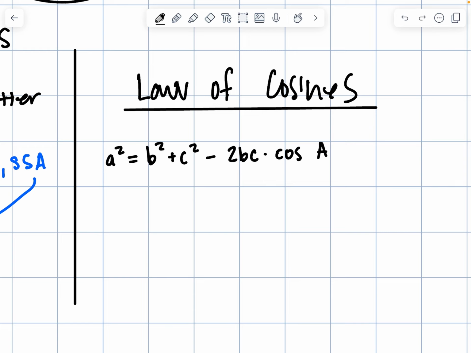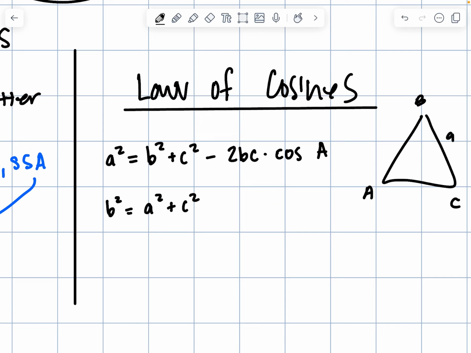Okay, so the other variation of this is if we start with b squared is equal to a squared plus c squared. So it's the same letter combination because whenever we're talking about triangles, we always have A, B, C, side A, side B, side C, and it all corresponds to this triangle, okay? So, a squared plus c squared minus 2ac.